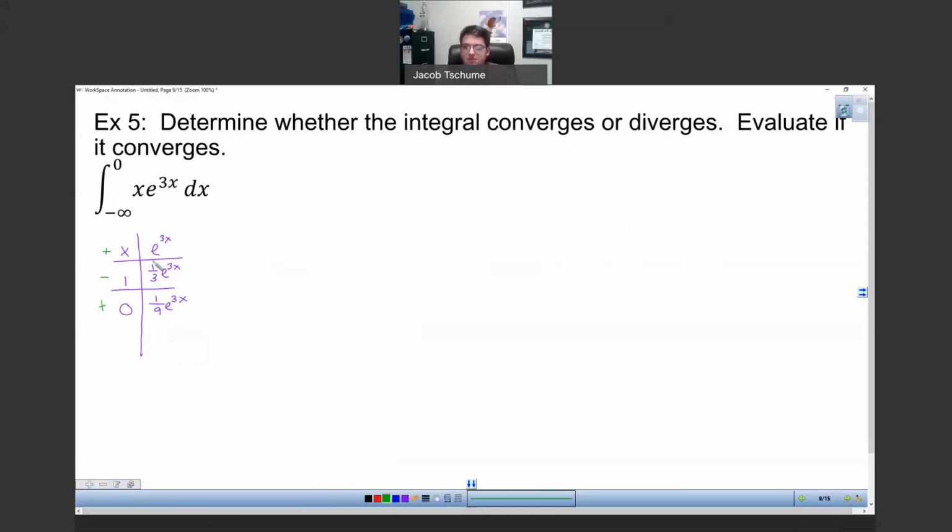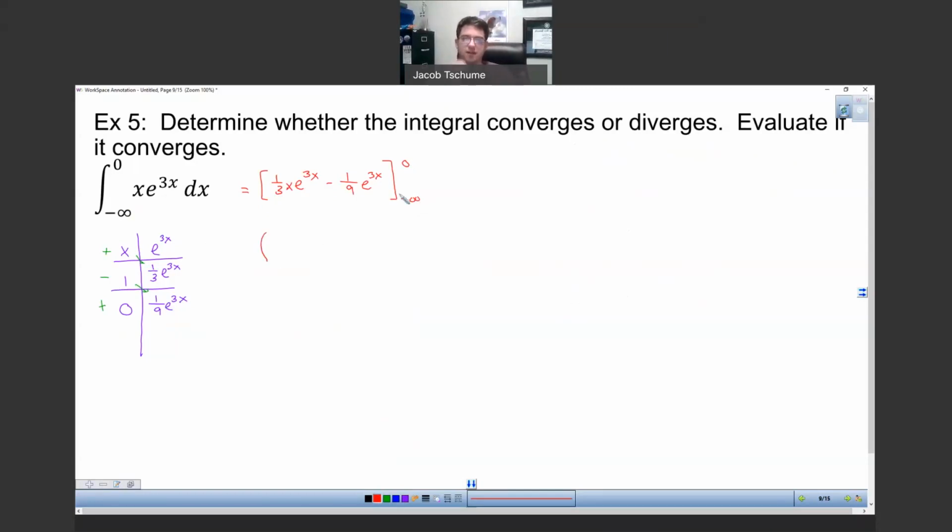We'll alternate our signs and multiply on the diagonal. So my integral turns into 1/3 x e to the 3x minus 1/9 e to the 3x that we are going to evaluate from negative infinity to 0.